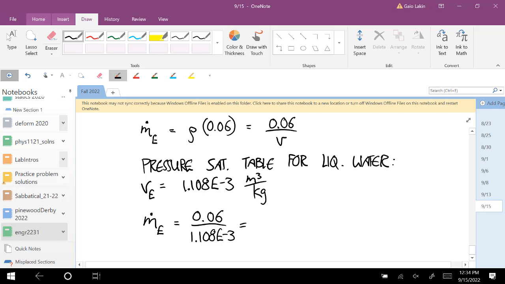And that is, is that 54 or something? 54.15 kilograms per second.